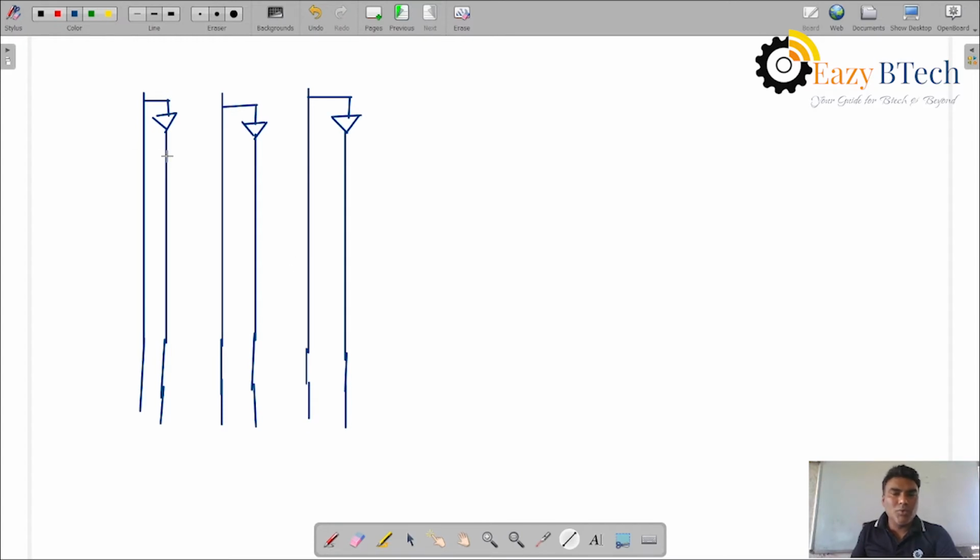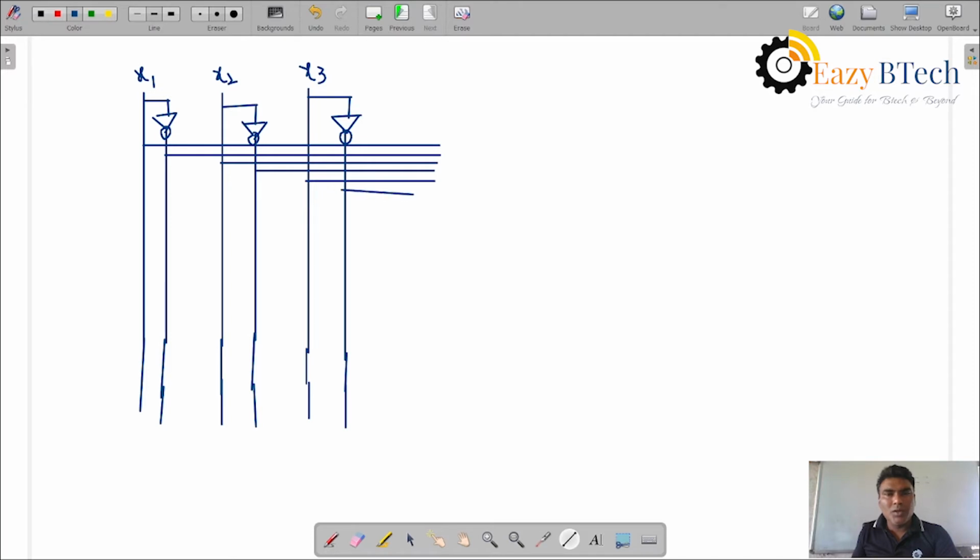Last class we already discussed this. Let us take x1 input, x2 input, x3 input, and x1 complement, x2 complement, x3 complement. Like fuses, we are making connections over here: 1, 2, 3, 4, 5 and 6.